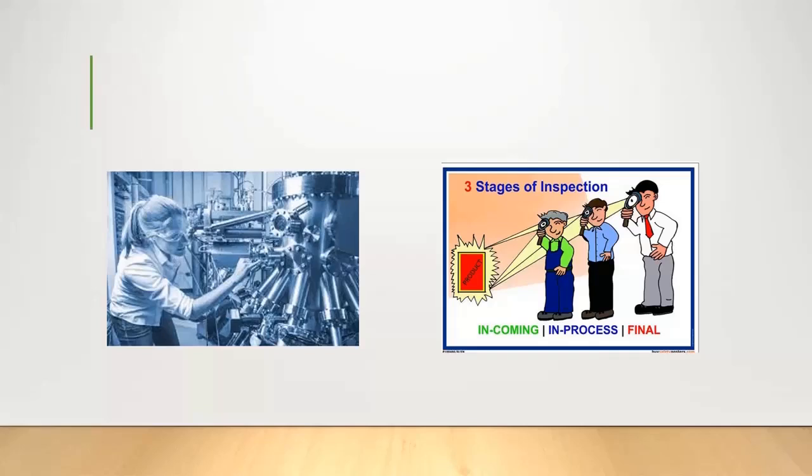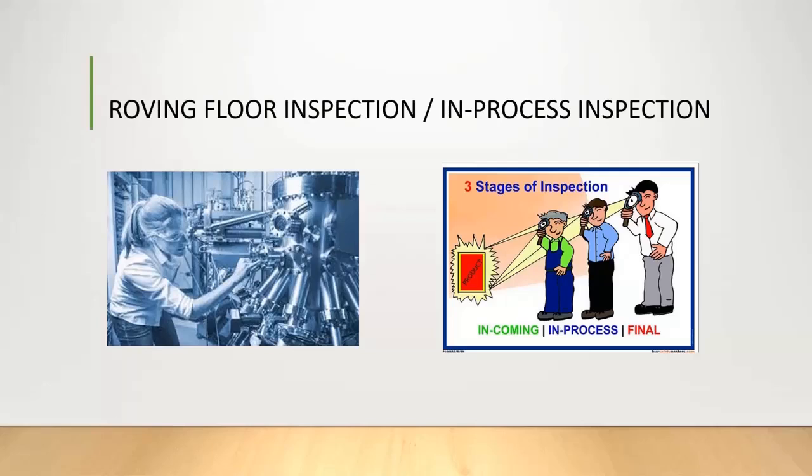Students, you can see there are two figures here. To identify the first point, that is the roving floor inspection or in process inspection. What do you mean by that?